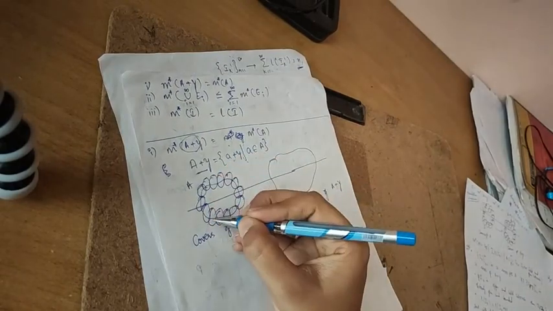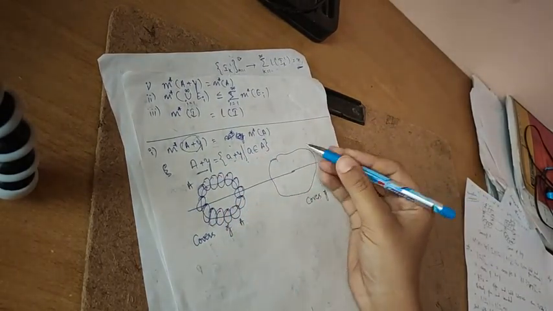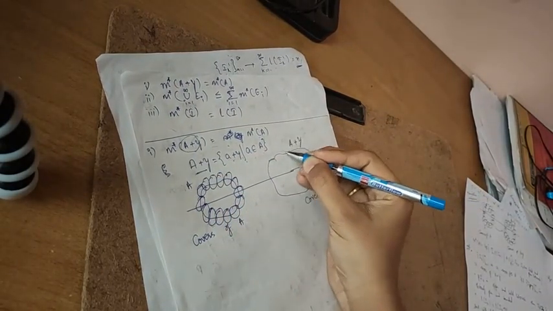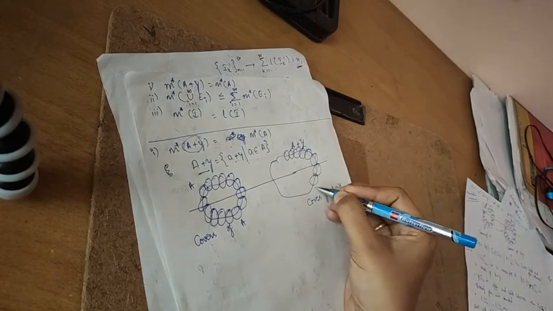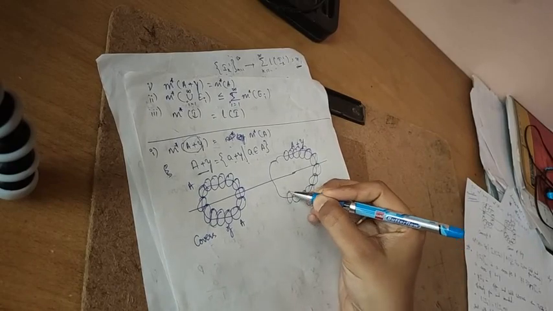This is A and these are all covers of A. This is A plus y and these are all possible covers of A plus y.